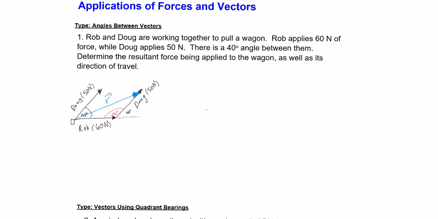So let's do the calculations for R. In this case, R squared is going to equal 60 squared plus 50 squared minus 2 times 60 times 50 cosine of 140.